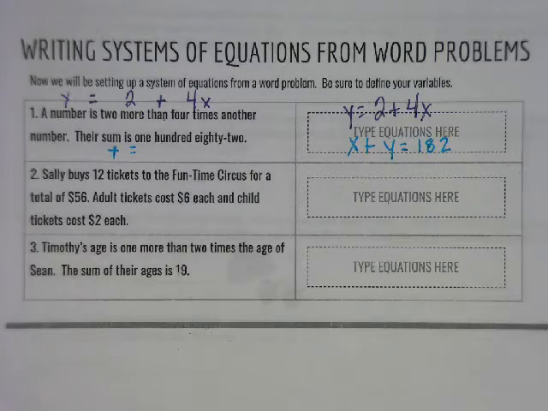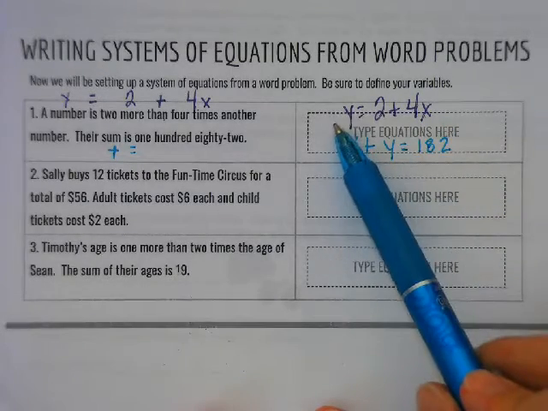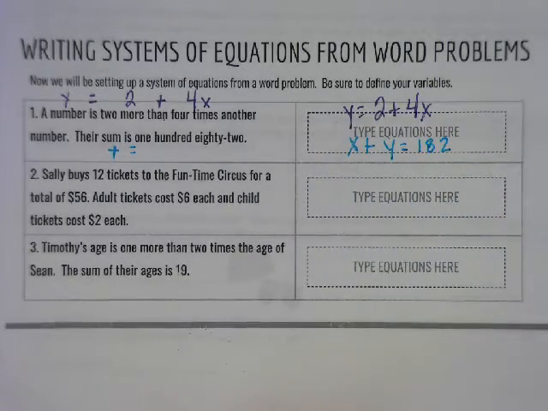What would probably be the best method here? Probably substitution. Some of you did not like substitution. You preferred elimination yesterday when we looked at it. If you wanted to, you could move your 4x over and you could start eliminating that way. Okay? So that one was fairly simple because it was just x and y.